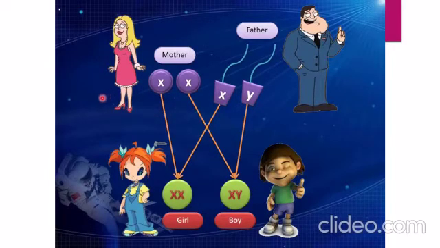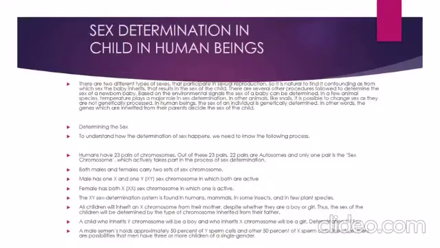If we keep one X fixed and combine it with the other two, XX will be the girl child and XY will be the boy child. Similarly, taking the other X, XX will be the girl child and XY will be the boy child.